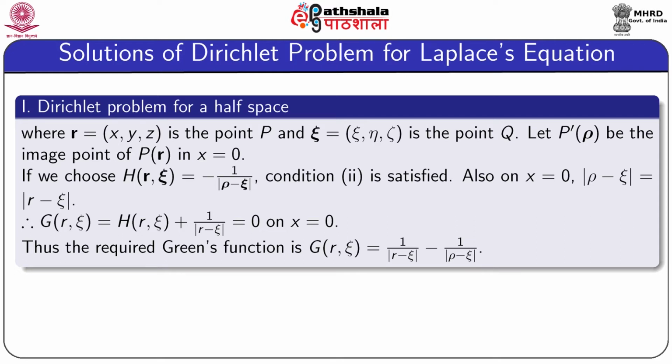With this particular choice of capital H, the value of capital G becomes 0 on x equals 0 because the value of mod rho minus xi is equal to the value of mod r minus xi on the plane x equals 0.